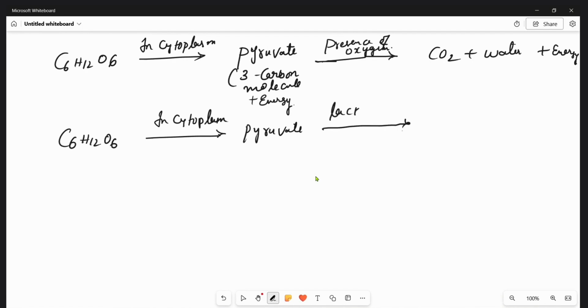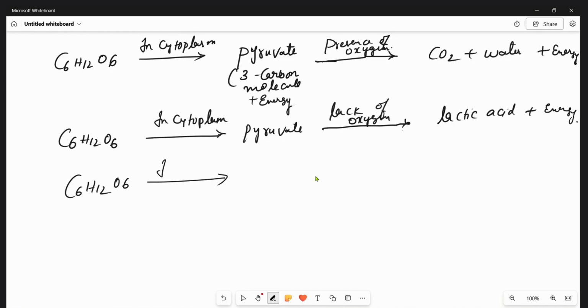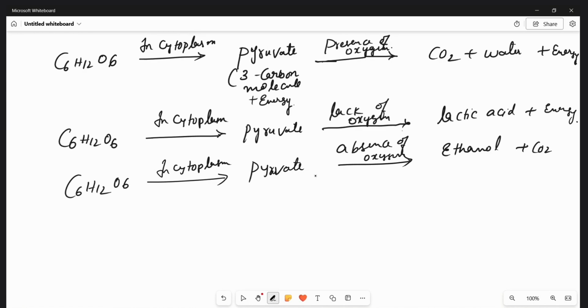In the lack of oxygen, we get lactic acid plus energy. And in the absence of oxygen, we get ethanol plus carbon dioxide plus energy.